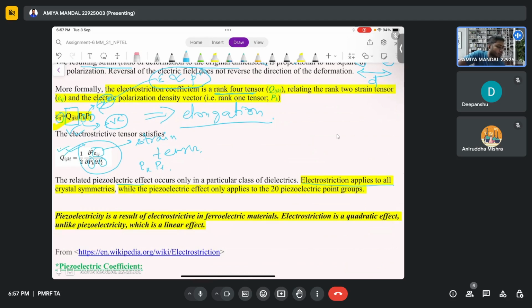Electrostriction applies to all crystal symmetries, whereas we have seen that piezoelectric, pyroelectric, and ferroelectric effects only occur in polar systems, but electrostriction also occurs in non-polar systems. Okay, so piezoelectricity is also electrostrictive in the ferroelectric material.